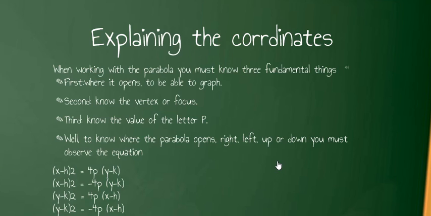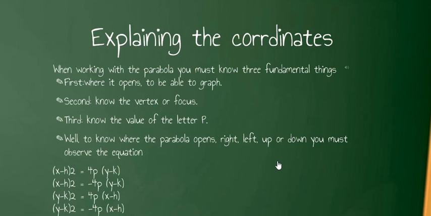to know where the parabola opens, right, left, up or down, you must observe the equations. The first equation is (x minus h) squared equals 4p (y minus k). The second one is (x minus h) squared equals minus 4p (y minus k).